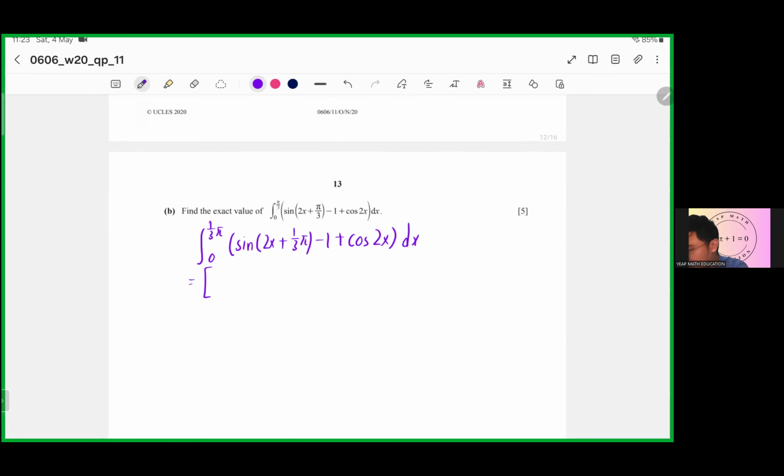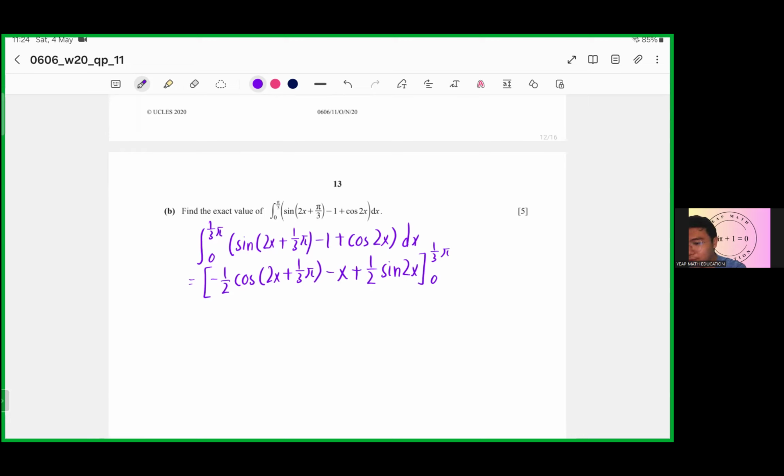So we get negative 1 over 2 cos(2x plus 1 over 3 π), and then minus x plus 1 over 2 sin 2x. Here I hope you guys can understand how to integrate this part.